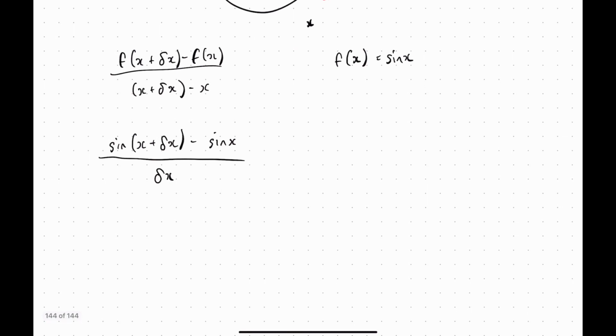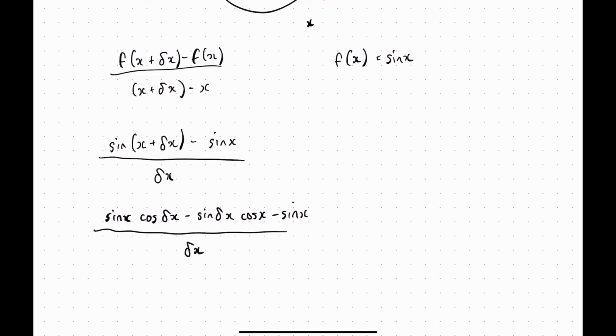So, sine of x plus delta x is a compound angle formula. So you say sine x cos delta x plus sine delta x cos x minus sine x, all over delta x.